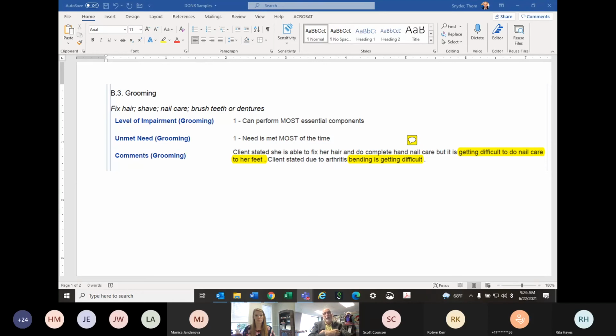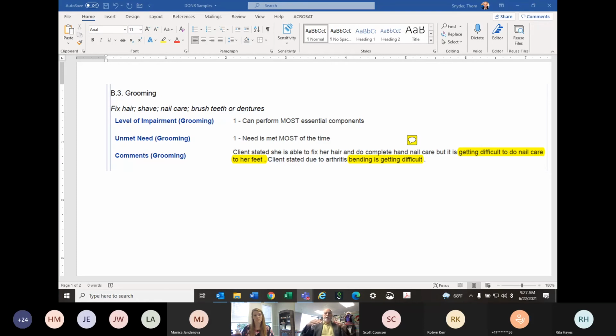Because you're probably not going to have a personal care aide come out just to do that. If the person is diabetic, then a podiatrist would be your care plan. If the nails are so long and so thick and they're causing other health issues, then the care plan may be to get her to a primary care doctor.